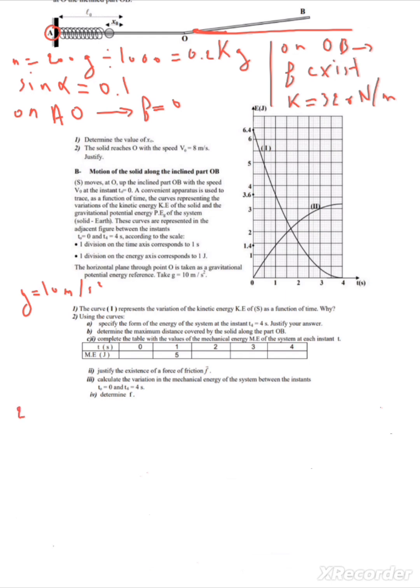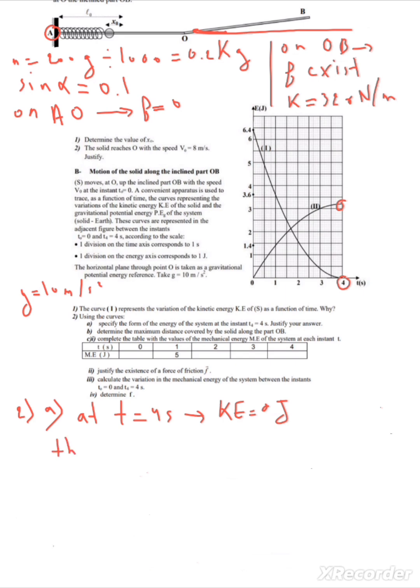Part 2a: specify the form of the energy of the system at the instant t4 equal 4 seconds. Justify your answer. At t equal 4 seconds, the kinetic energy equal to 0. So the form of energy is the gravitational potential energy. So at t equal 4 seconds, we have kinetic energy equal to 0 joule.